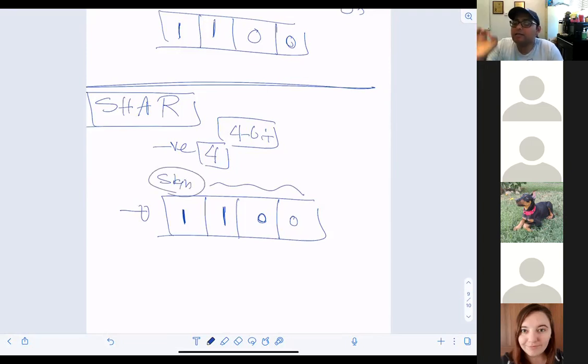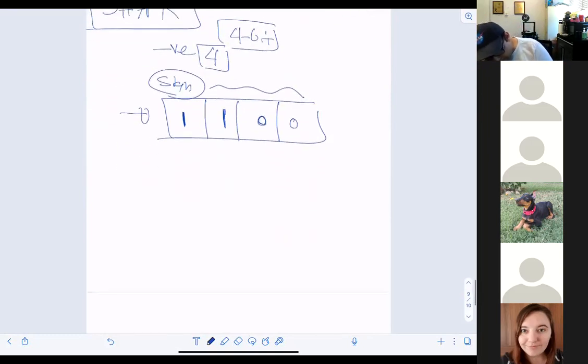In arithmetic shifting, we are concerned about the sign, so we have to preserve it, or do our best without losing the sign. So in that case, we're going to shift with the sign.